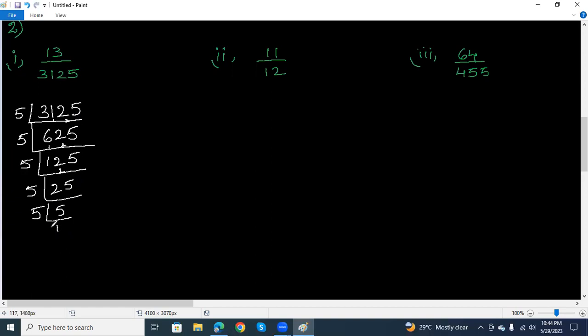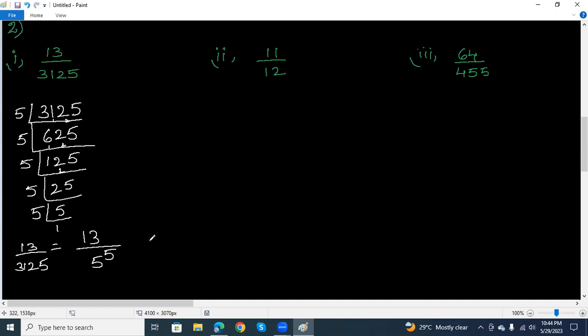So this can be written as 13 by 3125, which is equal to 13 by 5 power 5. Since it is in the form of 5 power 5, it is a terminating decimal.